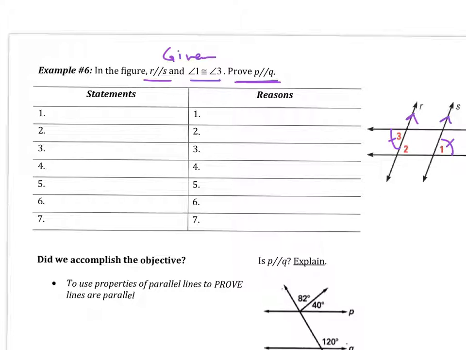Okay? All right. We start by doing our givens. R parallel to S. Given. Okay? All right. Why would they tell us R is parallel to S? What conclusion can you draw from the picture based upon R being parallel to S?